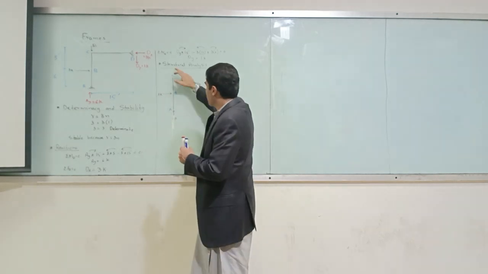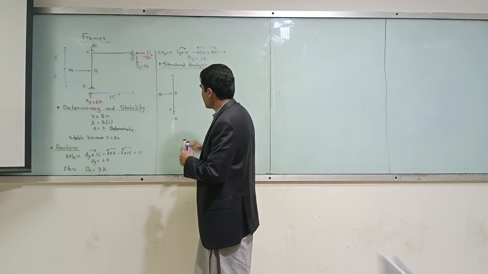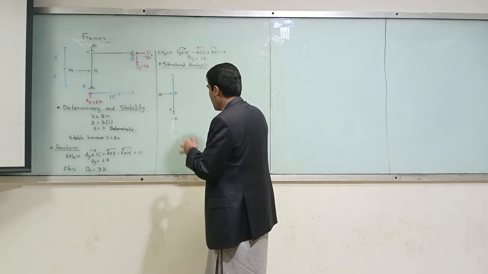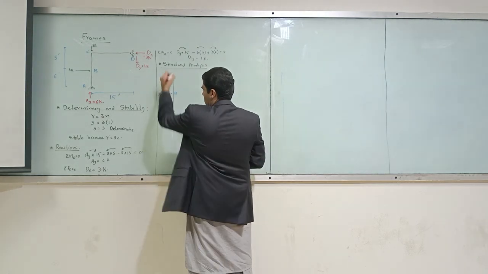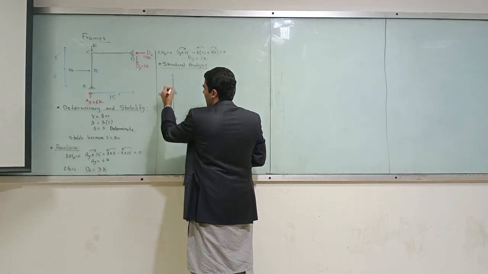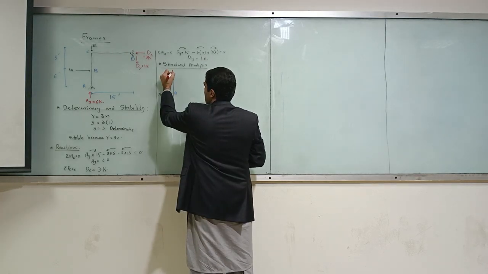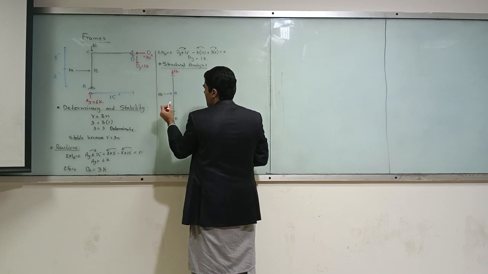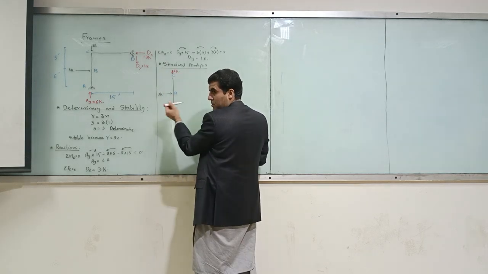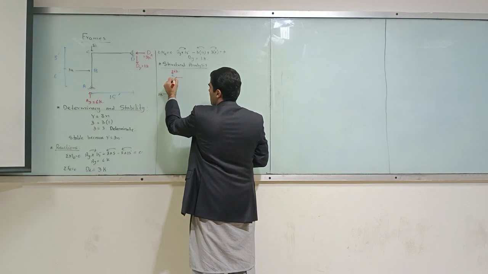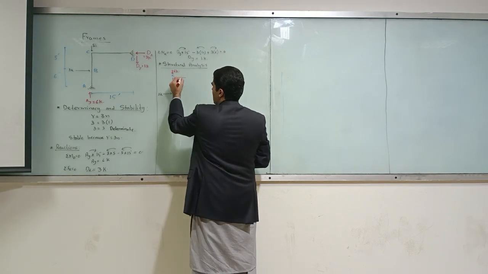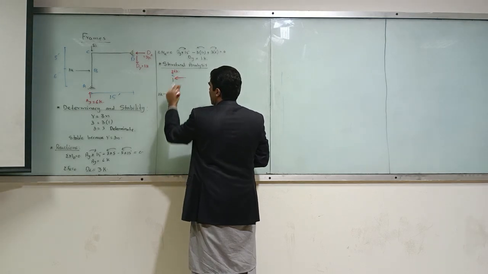So for point C, we must have summation of force in the y direction must be 0. So this is 6k. Summation of force in the x direction must be 0. 5k.